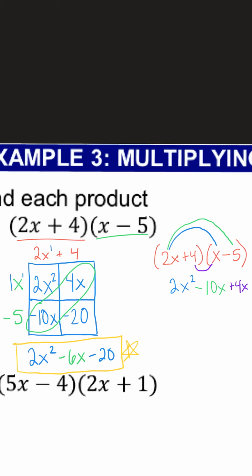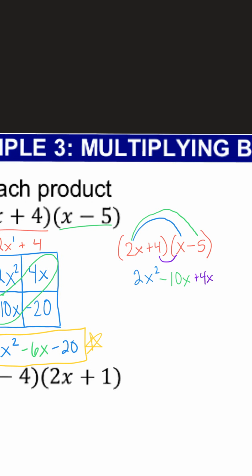And then I will do my last numbers, which is that 4 times that negative 5, which gives me negative 20. Okay, then you still need to combine like terms like we did in the last one. So you still get negative 6x here, and then you tack on the negative 20 and the 2x squared, which is the exact same thing as what we had over here after our box.